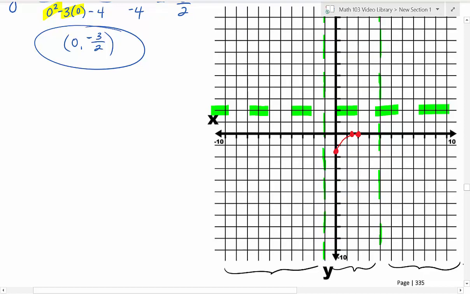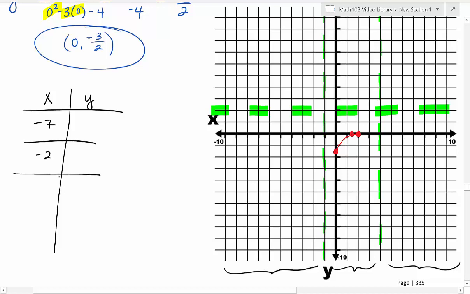We want to choose X values in each of these three regions. So I'm going to choose X values of -7, -2, 3, 5, and 8. To get the corresponding Y values, we plug these X values into our original function.